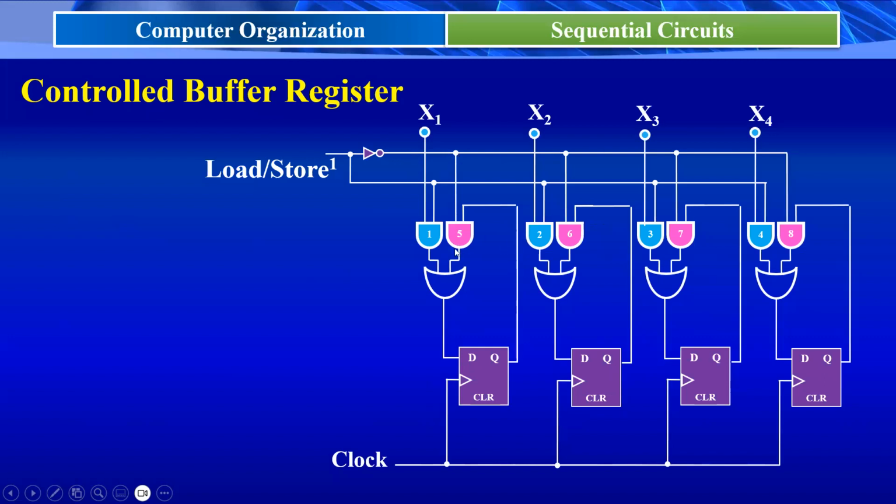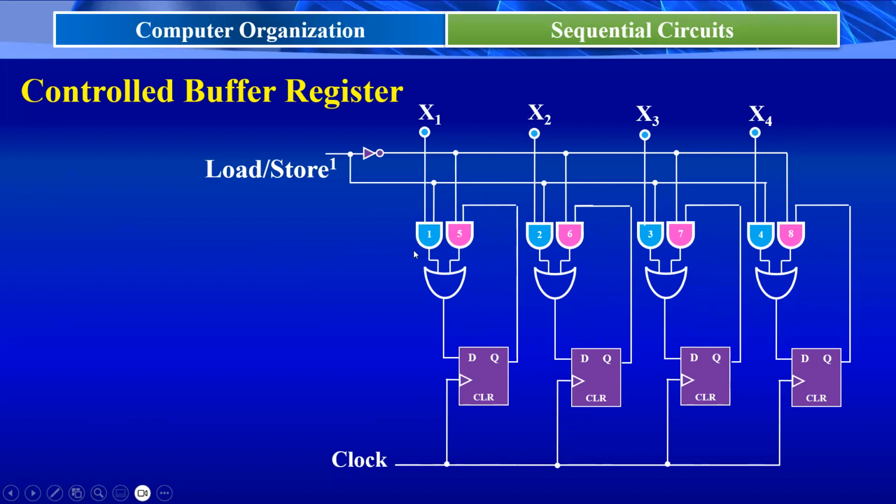This is connected to gate 5, gate 6, gate 7, gate 8 as one of the inputs. Once one of the inputs of an AND gate is equal to 0, irrespective of the other input, it produces output equal to 0. So directly we can say that the outputs of AND gates 5, 6, 7, and 8 produce logic 0.